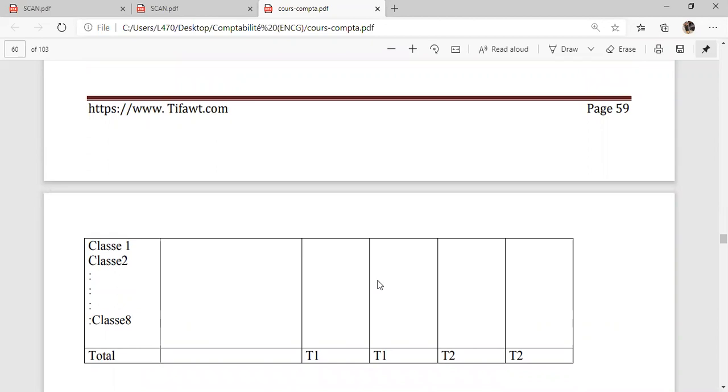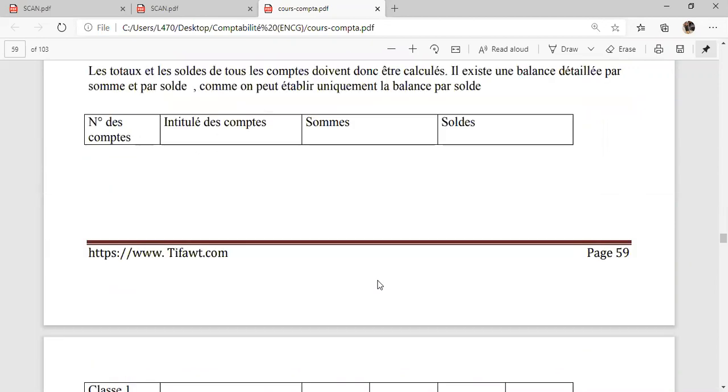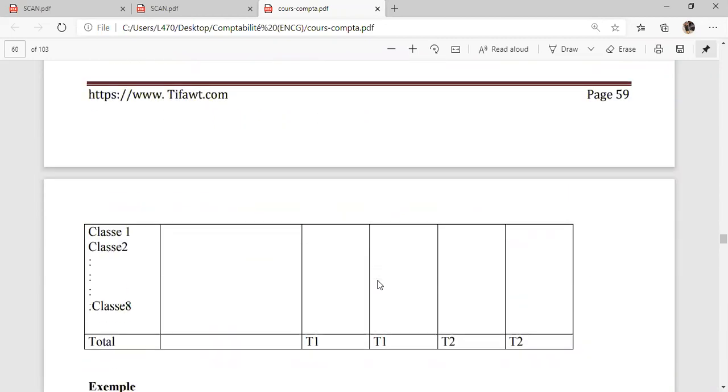It means the double entry you entered in the journal wasn't correct, so you have to go back and counter check your work, starting from the journal all the way to the balance. Same thing applies on the column of the solde. If the totals are just not equal, then you must have made a mistake somewhere. So that is one thing you should note as well.